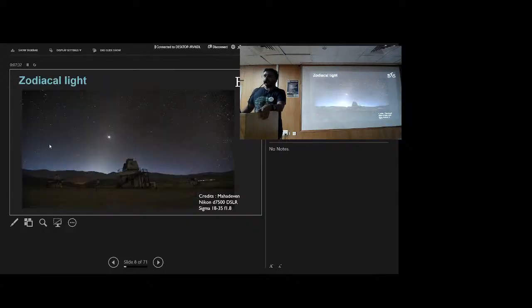Okay, what do we see here? Any guess? Now let's split this into two. This is the foreground, right? Whatever we have that's on the earth, this we are clear. And the above is the sky part. So we have some setup here. What is this? Has anyone seen this? Yeah. The light part is of course zodiacal light.